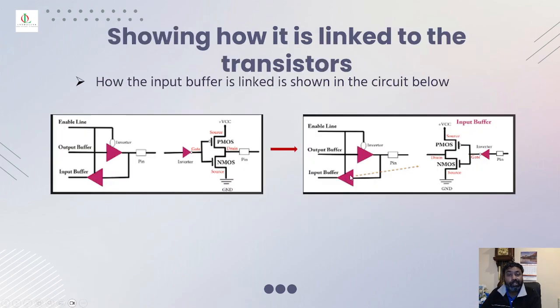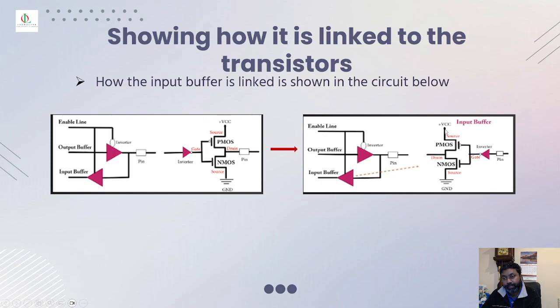Now showing how this is linked with the help of transistors, how the input buffer is linked directly with the circuit below. So this is how it's going to transfer. The PMOS is connected to the VCC, and the pin is read on the internal connections that are connected to the gate.